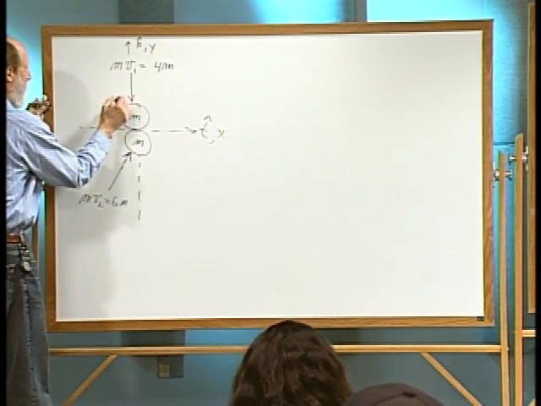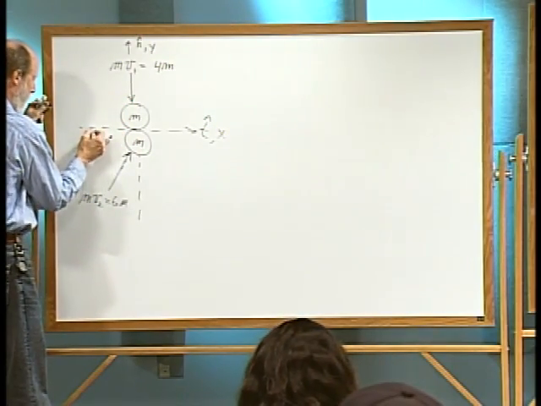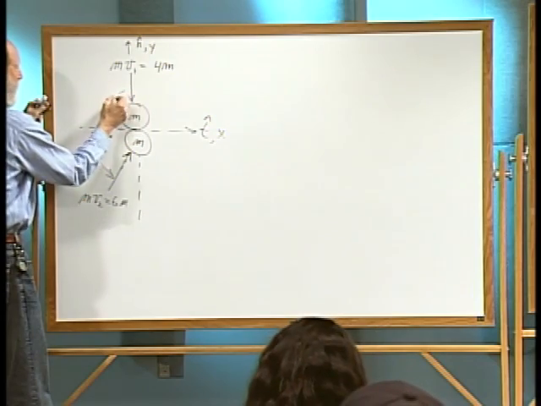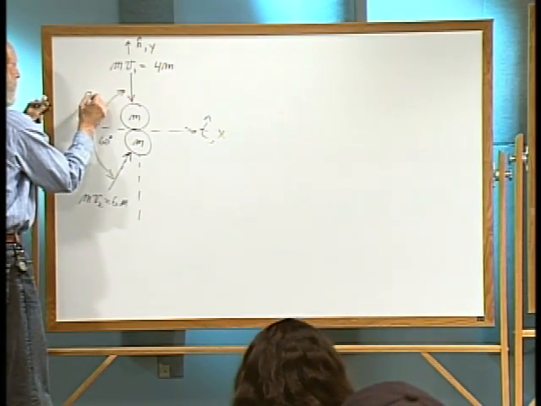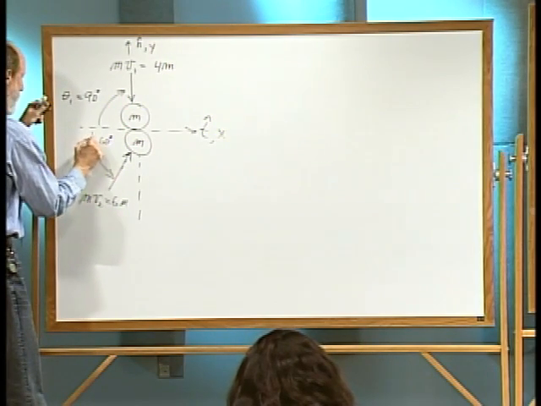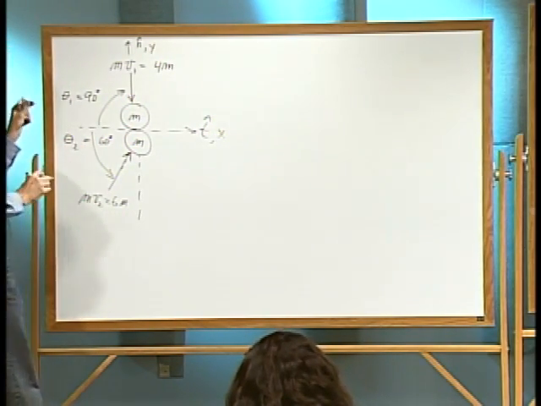The incoming angle of this one, measured from the tangency, happens to be 90 degrees. So this is our theta 1, and this is our theta 2 down here.